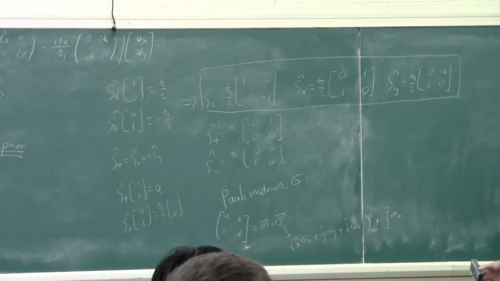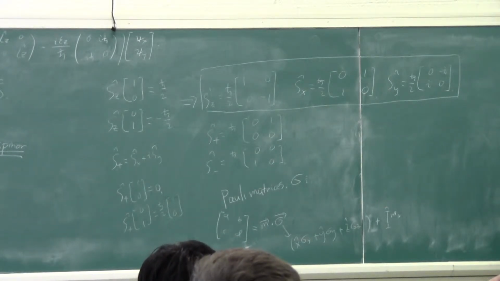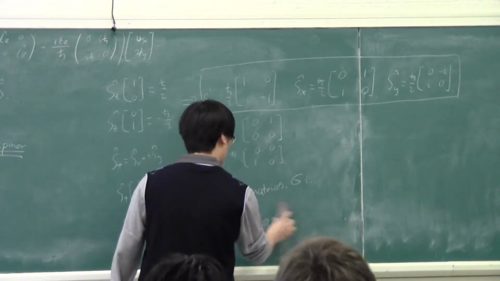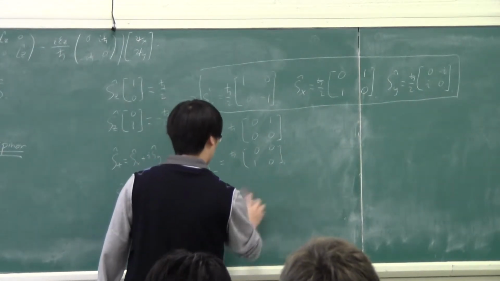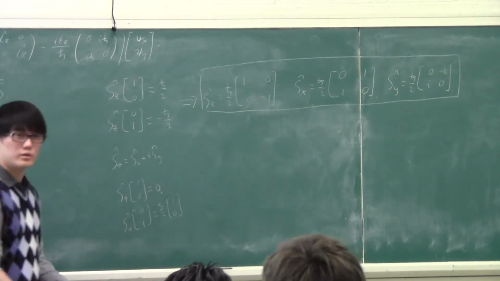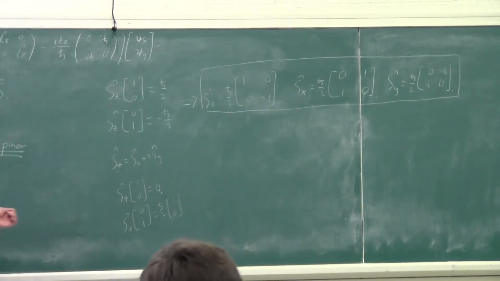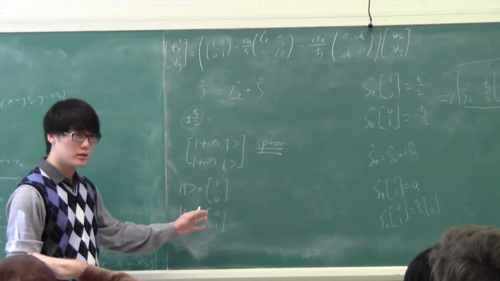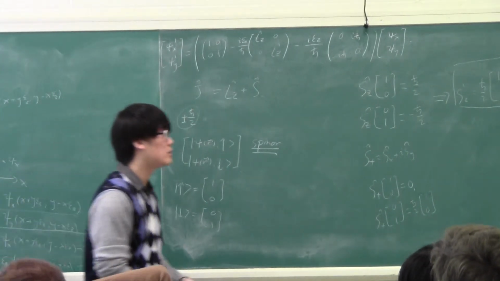All right, so now let's talk about something more about the splitter. Okay, so we've written down these eigenbases of the Z-spin, right? And now let's think about the valid, the correct superposition of these states.